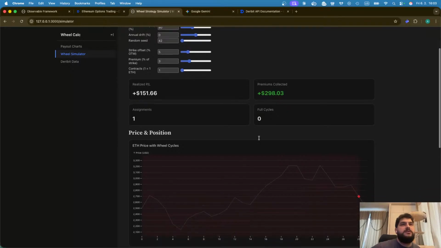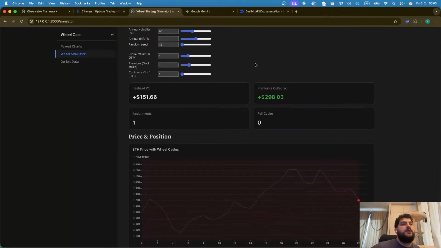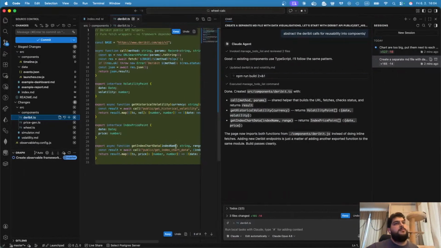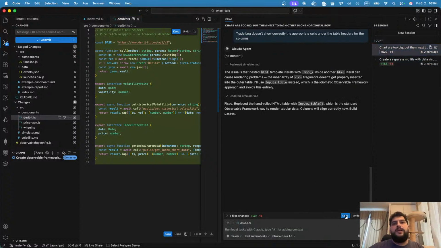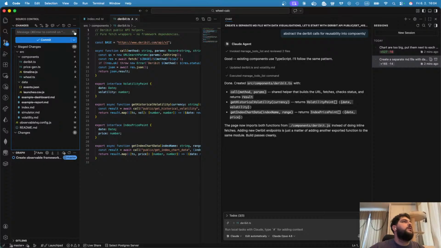Zero full cycles. Okay. I don't understand yet what the entry price is. Let's first apply all these changes because they now look cool.